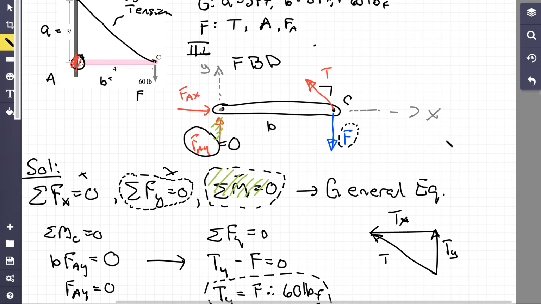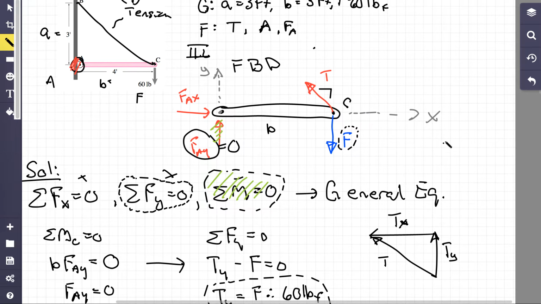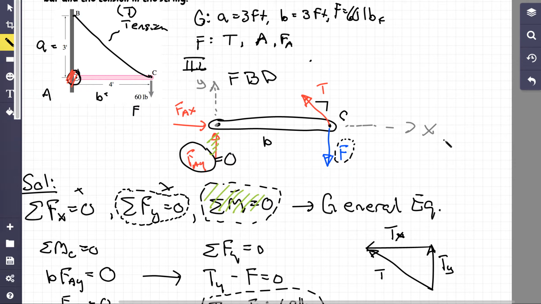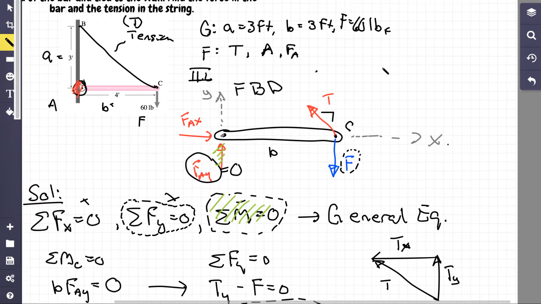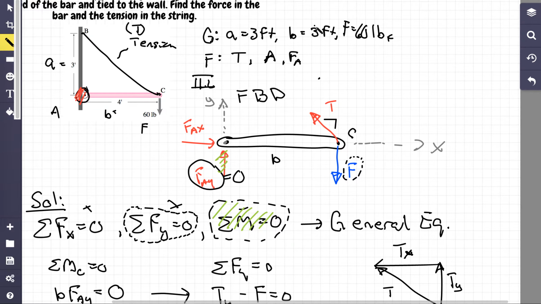A and B are 3 and 4. So B is 4, and A is 3.